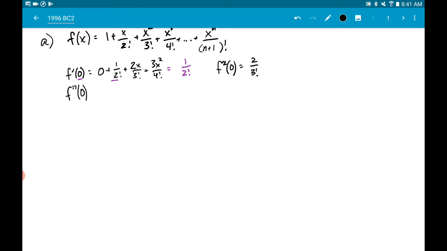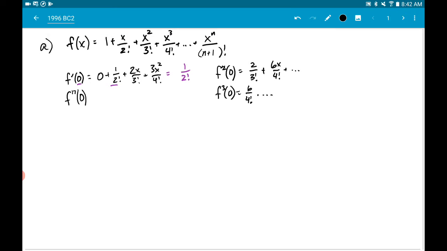And then everything else would go away. Again, just because I'm going to use it here in a second, I'd have like a 6x over 4 factorial plus dot dot dot. And so if I took the third derivative, all that would be left would be this. And so on and so forth.